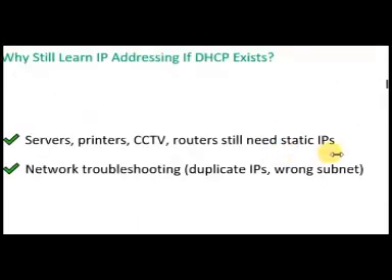And what are static IP addresses, which I mentioned earlier? We have two types of IP addressing, static and dynamic. DHCP allocates dynamic IP addresses, while static IP addresses are addresses that are manually allocated to these devices here.